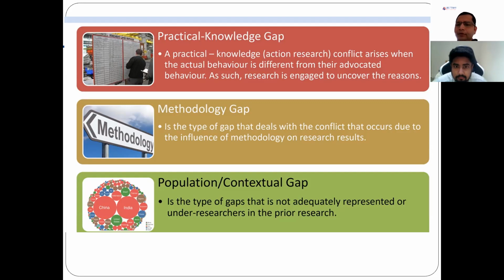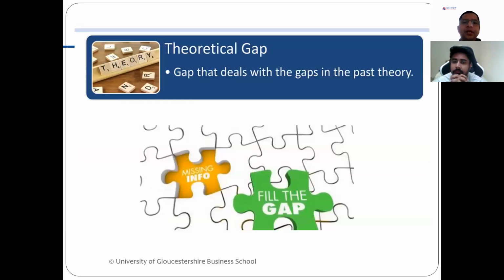So the same area of research you can do in both. That is known as a population gap. Theoretical gap: let's say one of the researches has been done on the technology adoption model, we call it TAM. The same research can be used with a different theory, which is known as a theoretical gap.